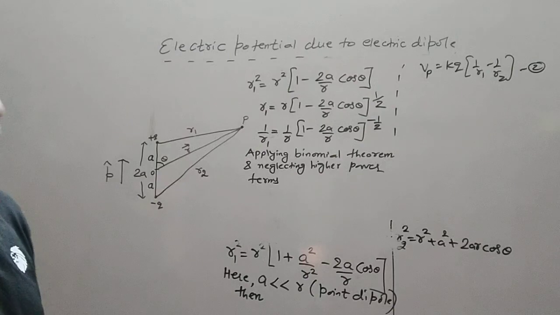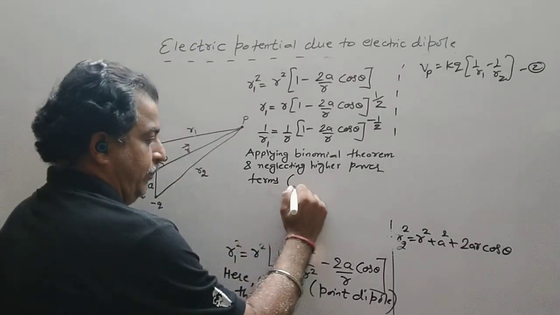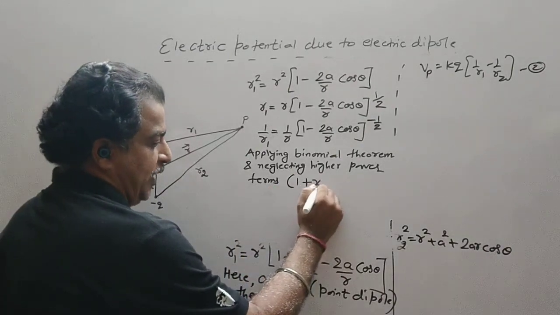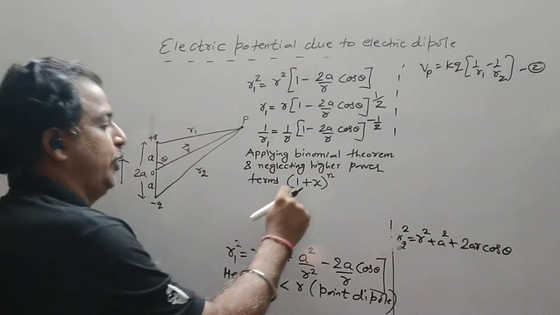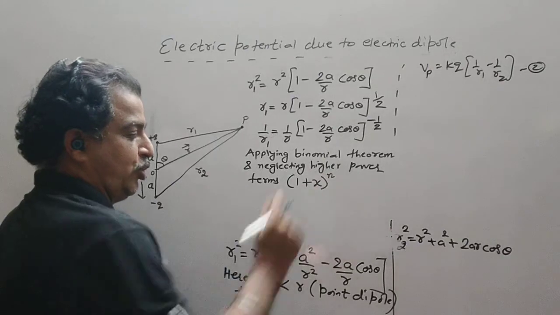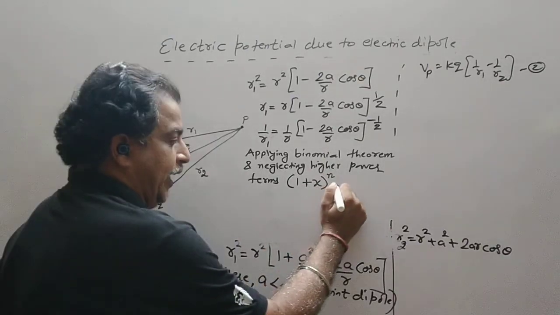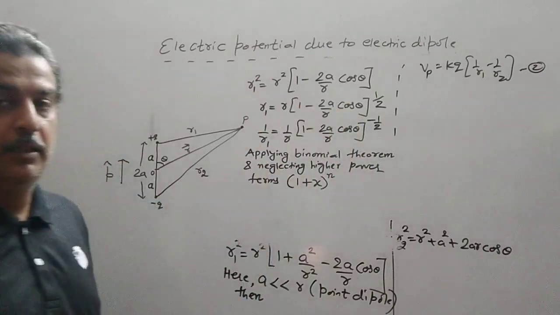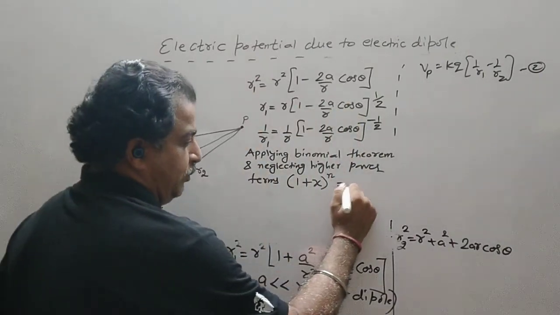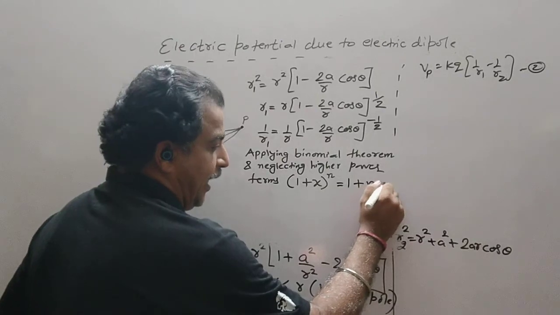We will discuss the binomial theorem later. For the time being, 1 plus x raised to n. If x is less than 1, then this becomes 1 plus nx.